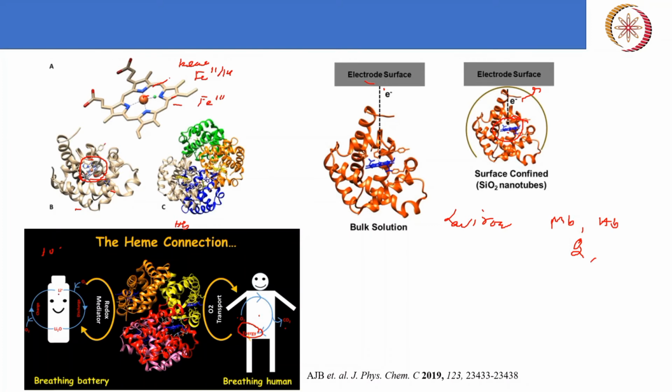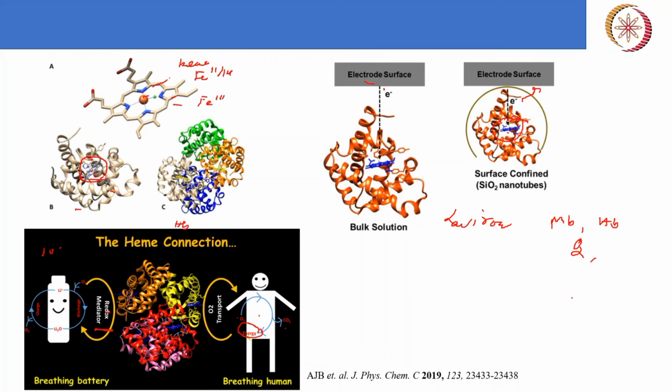So the air battery is one of the interesting candidates for the energy storage world. Here hemoglobin can transfer the electron, so it can act as a redox mediator in a metal air battery. So for energy storage applications also, hemoglobin and myoglobin type molecules can be used.